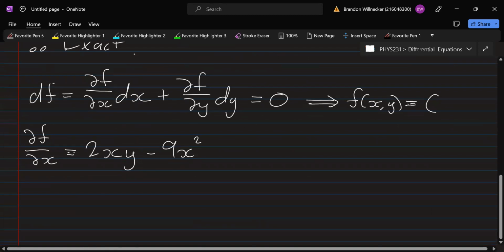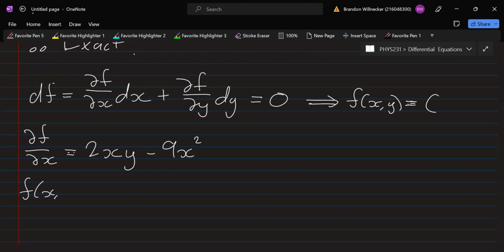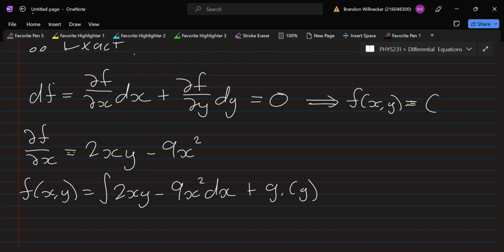Now we can integrate through with respect to x. So we get f of xy is equal to the integral of 2xy minus 9x squared dx. But we need to add some function of y, because when we do the partial derivative with respect to x, that vanishes.